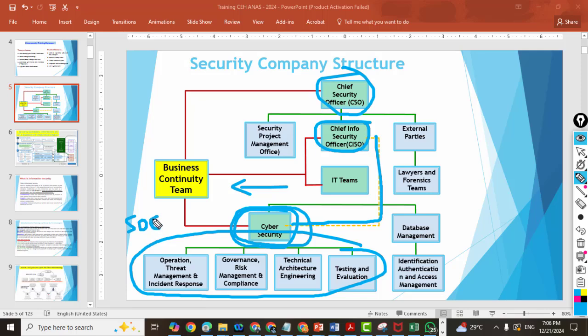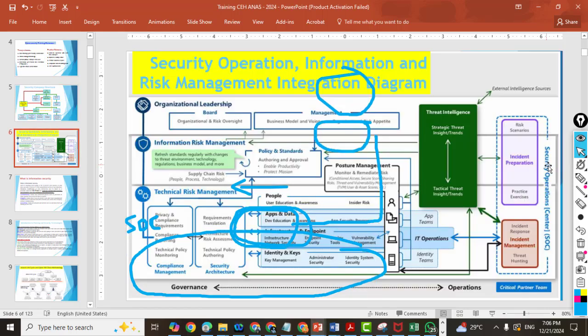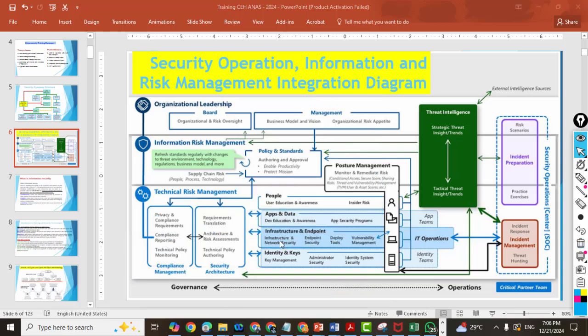We'll talk about it in the next slide as well. Just to give you a small brief about the last session, and to continue, this is a higher level of design for the security company structure inside any organization or company. So return back to this slide, where we talk about more details.